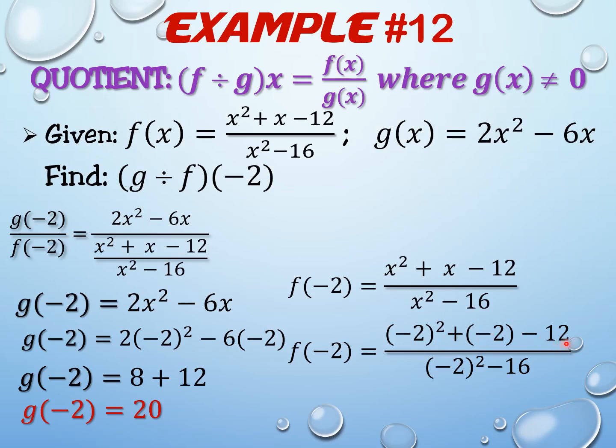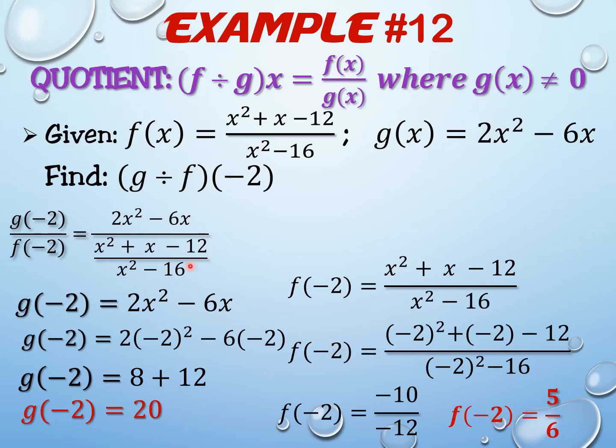So 2 minus 12 will be -10 for the numerator. And for the denominator, you will have -2 squared again, which is 4 minus 16. So that is -12. So we will have now -10 divided by -12. If we reduce this to lowest terms and simplify the sign, that will be positive 5 over 6. So this will be the value of the function f at -2.